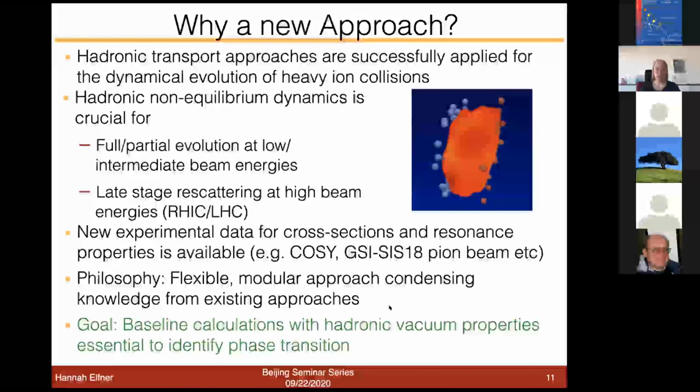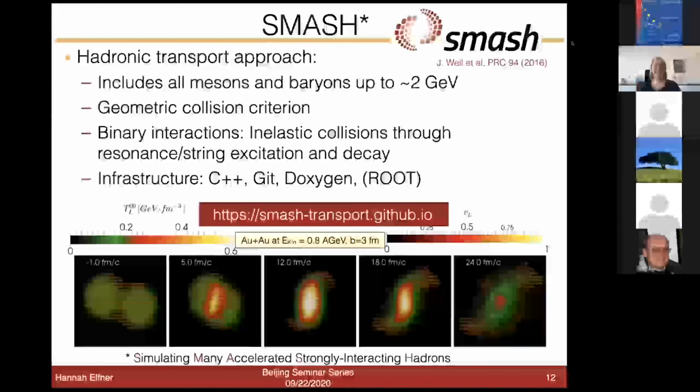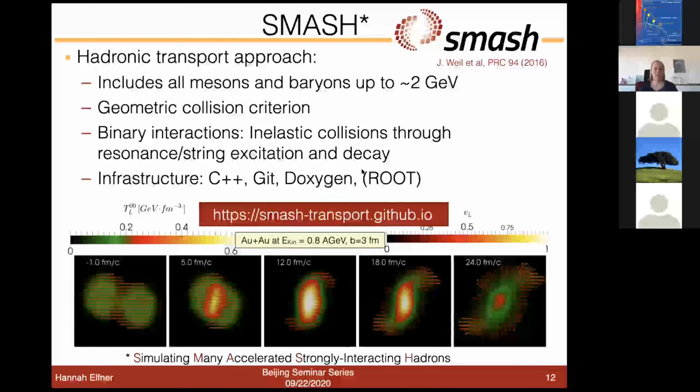And then the physics motivation, again, is to have a baseline calculation where you have hadronic vacuum properties, and then any deviations from that tell us something about more interesting physics. And sometimes the baseline by itself is already interesting. So this is the approach. SMASH stands for Simulating Many Accelerated Strongly-interacting Hadrons. We include mesons and baryons up to roughly 2 GeV in mass.